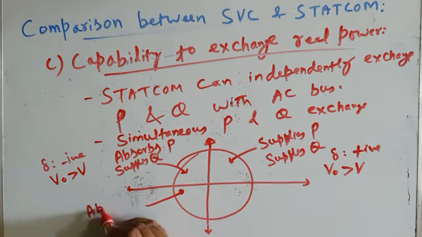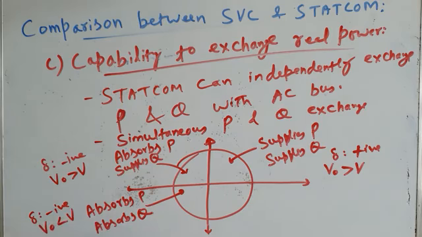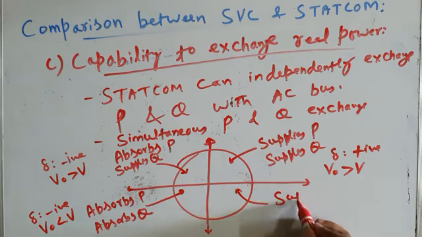When does it absorb active power? When delta is again negative. And when does it absorb reactive power? When V0 is less than V. And in the fourth quadrant, you can make your STATCOM supply active power and absorb reactive power.